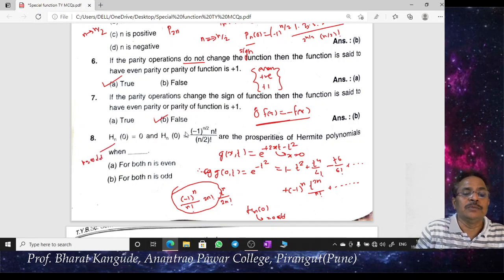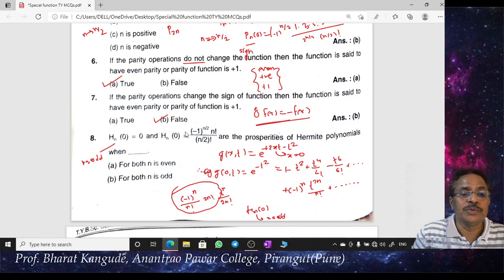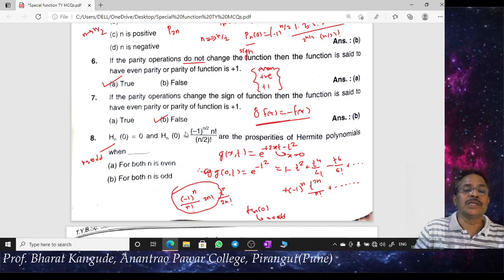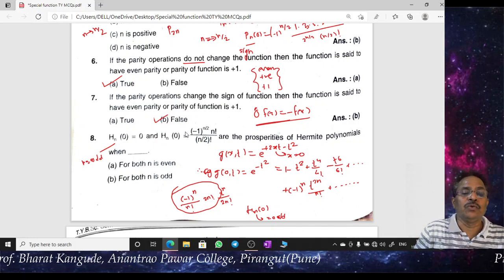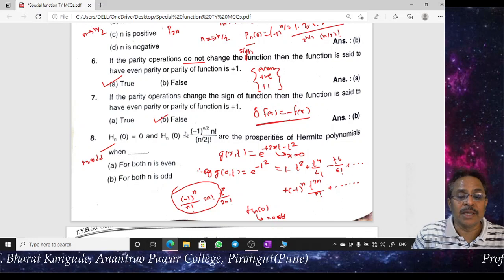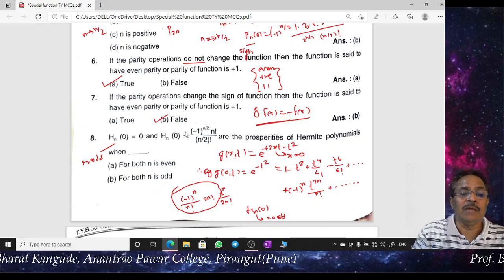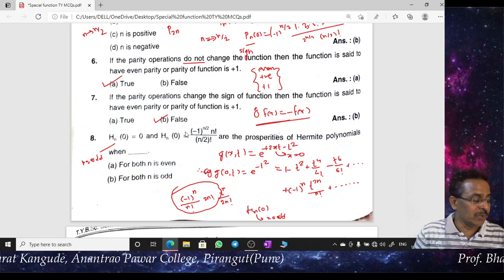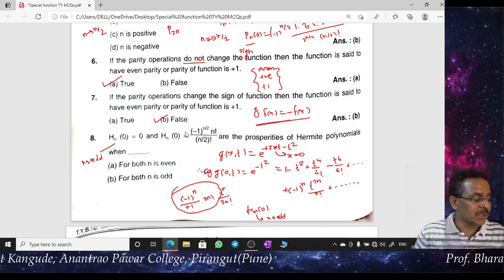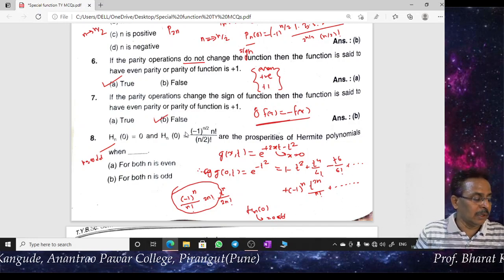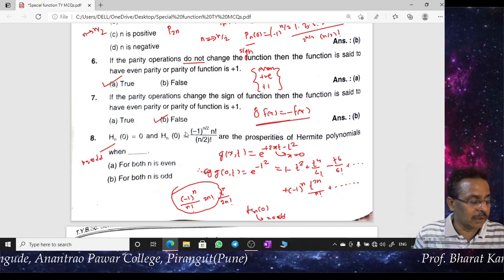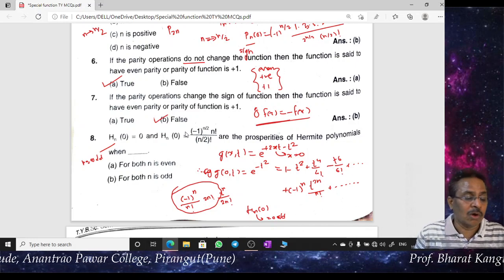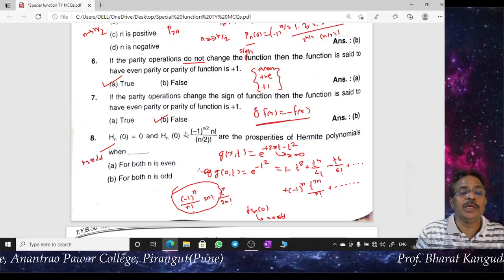So this is one term here, and Hn of 0 is equal to minus 1 raised to n by 2 upon n by 2 factorial. Here 2n is replaced by n by 2, so I get n factorial, and this appears when n is replaced by n by 2, that is, n is twice that, so it is going to be even.